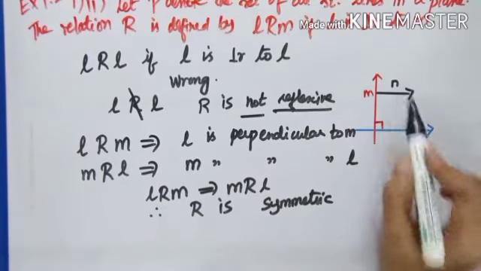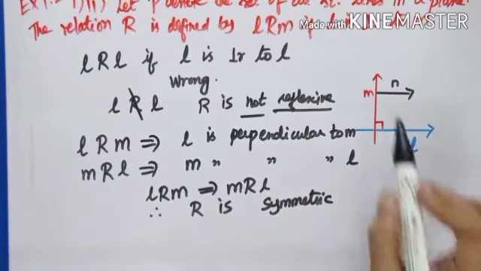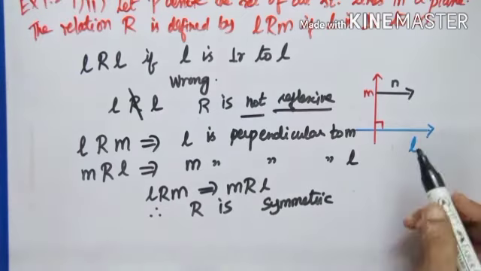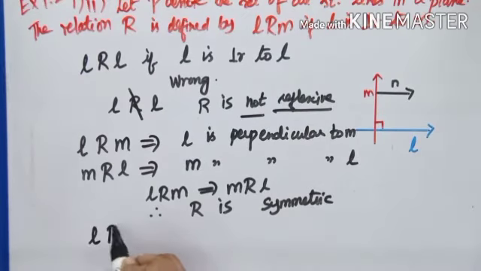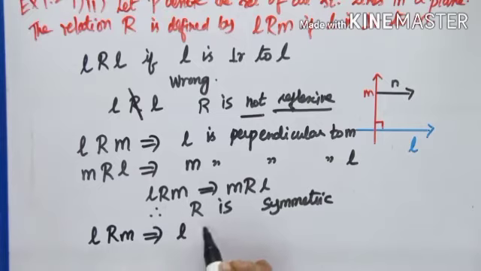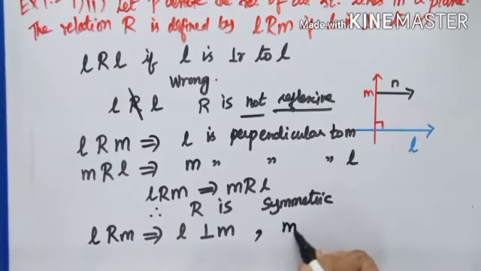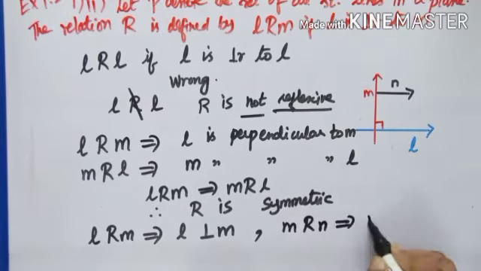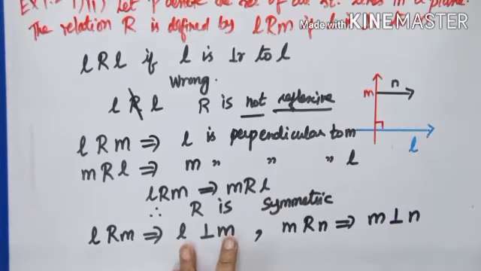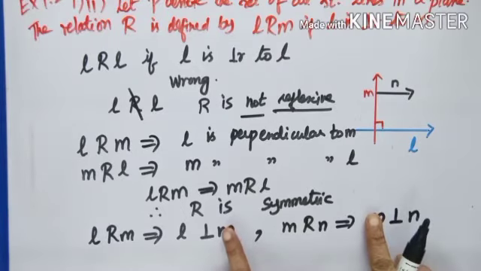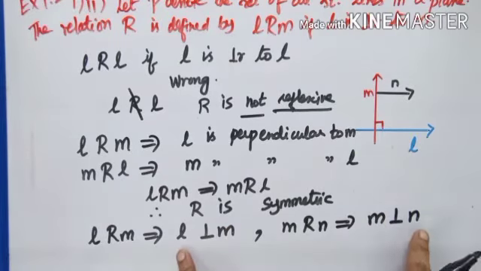N is perpendicular to M, or I can say M perpendicular to N. Now L related to M implies L perpendicular to M. The second idea, M related to N implies M perpendicular to N. Now L perpendicular to M, M perpendicular to N. Cancel M and M. Can I say L perpendicular to N?